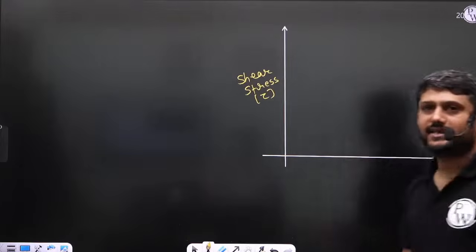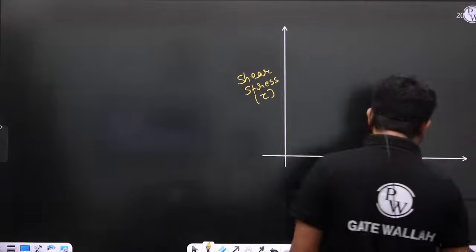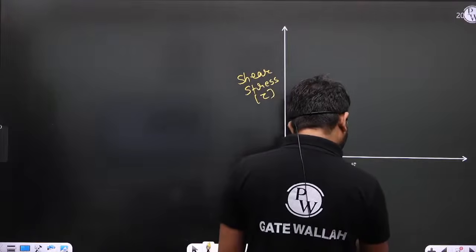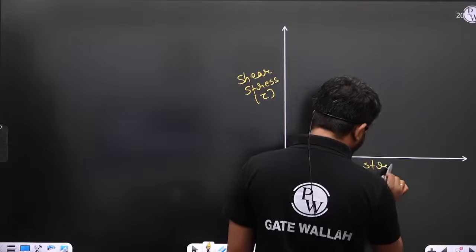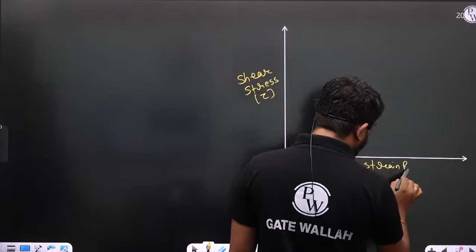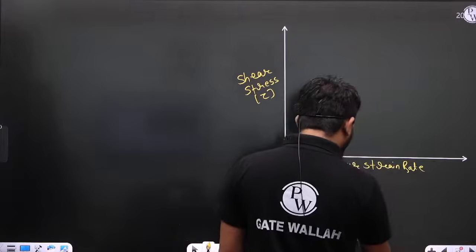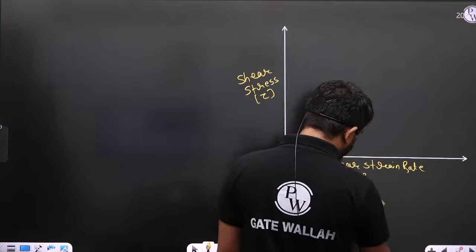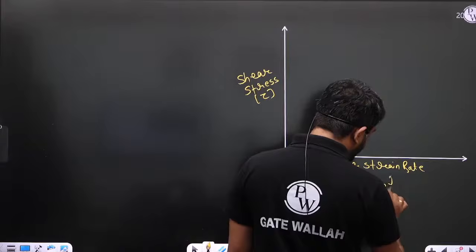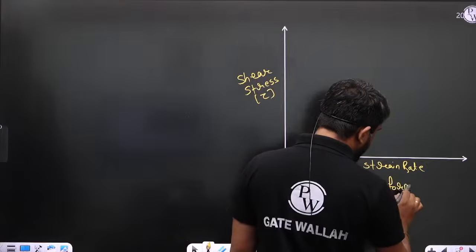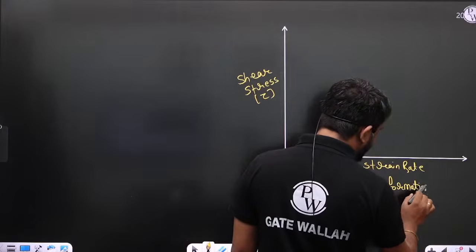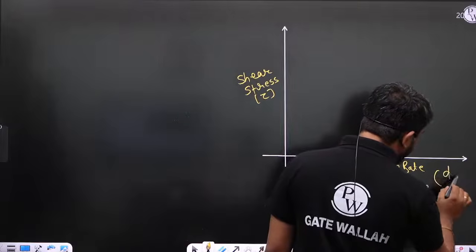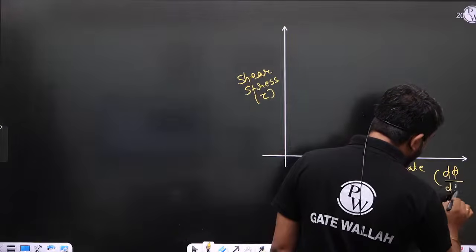On the x-axis there is the shear strain rate, or angular deformation rate, that is d phi by dt.